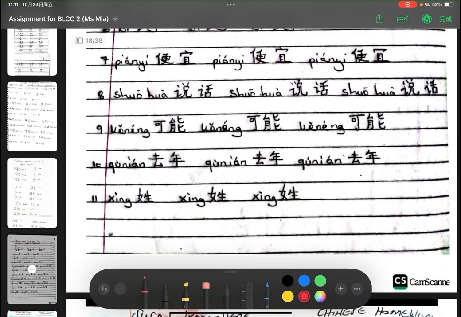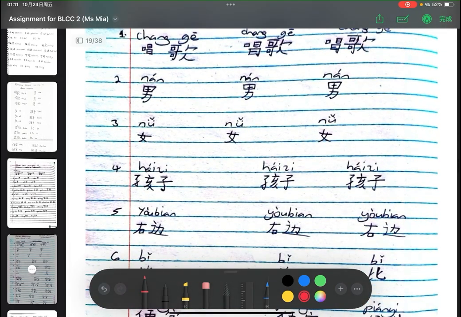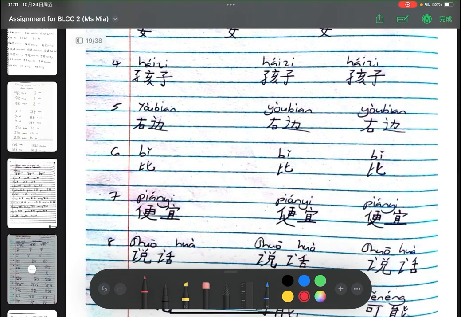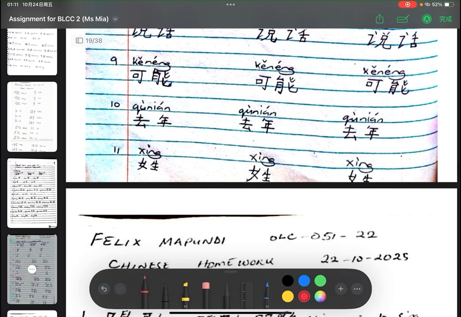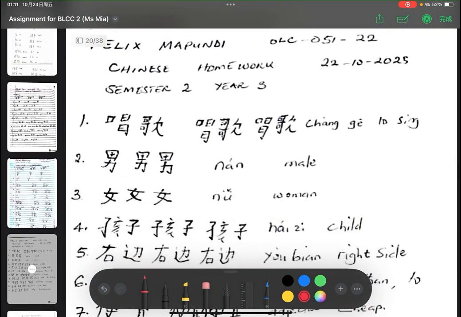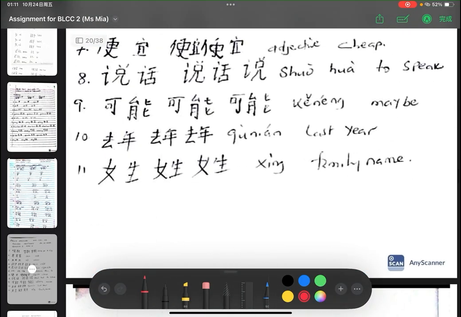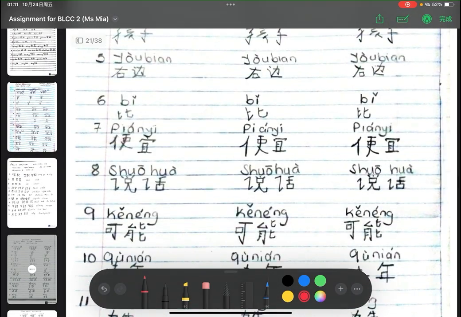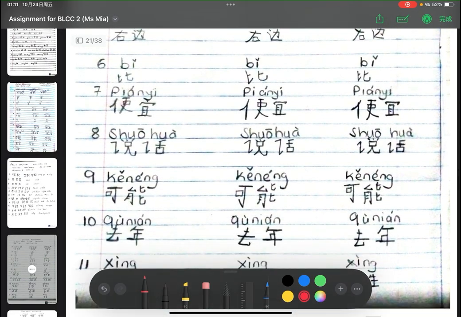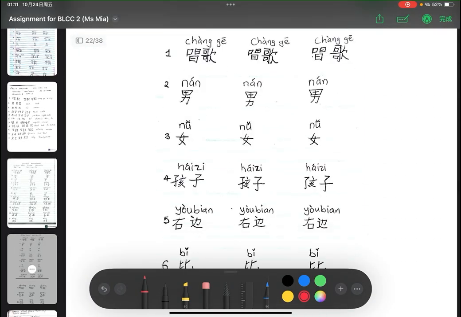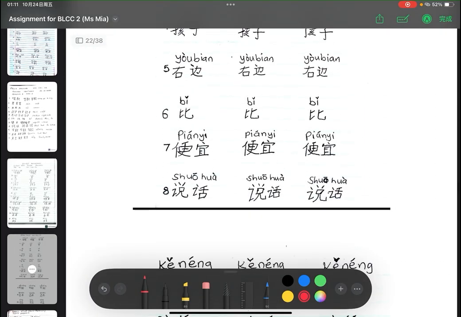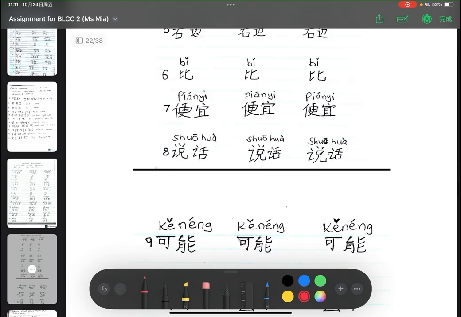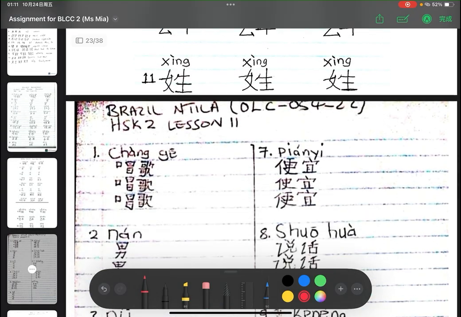Beautiful, this one. Good. That's so good. This one, not bad.